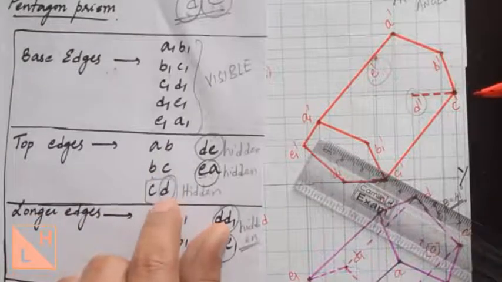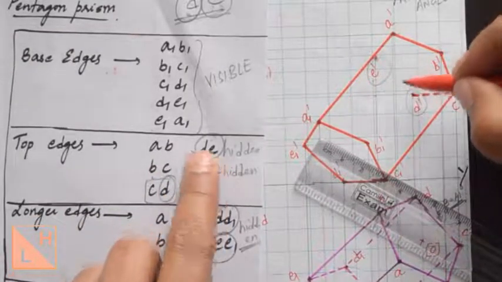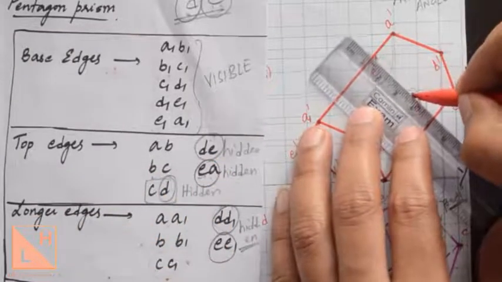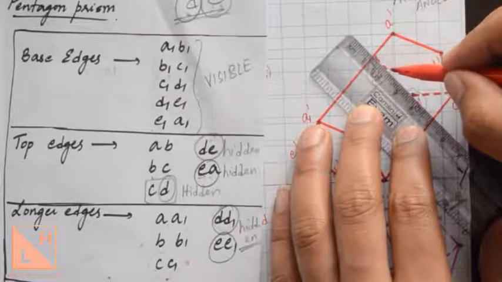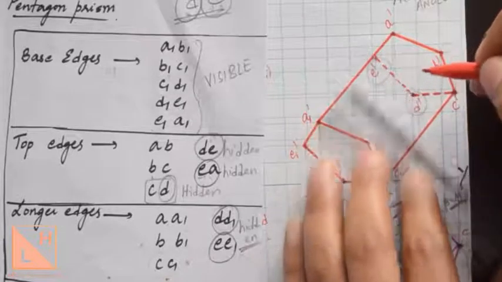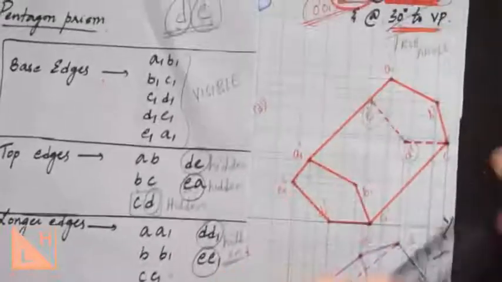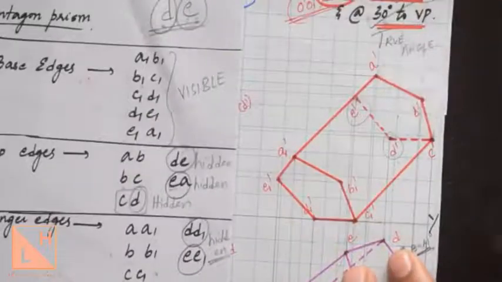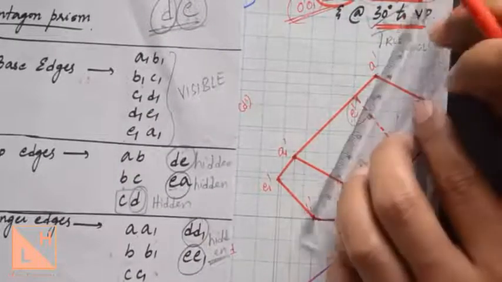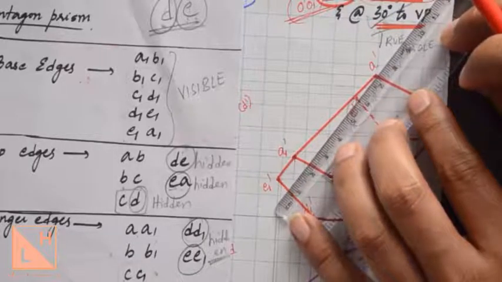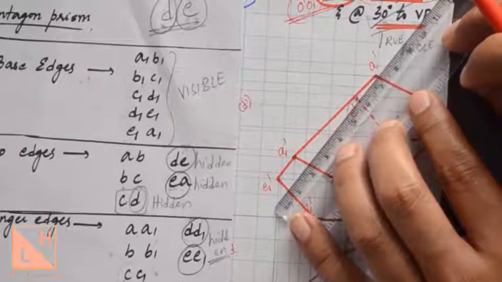Next is DE, point D is here, E is over here. You can connect it with a dotted line. And the last one is EA. This will be very close, do not have confusions, but draw it clearly. When you are drawing it with pencil, you will have a clear distinction between the points.